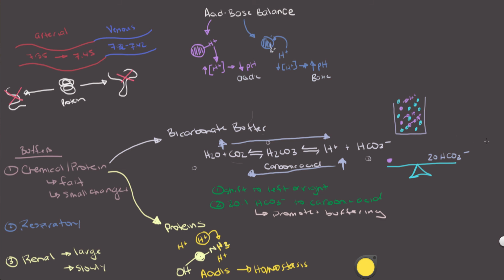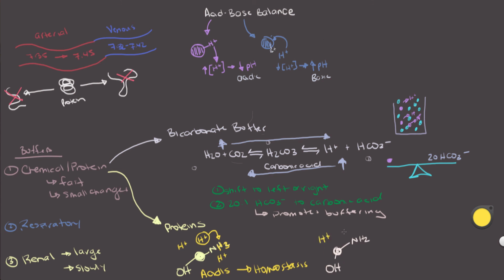Now the alternative can happen when we're looking at the carboxyl group of our protein. We can use that carboxyl group to donate a hydrogen ion. So we have NH2, we have our OH, and what can happen is we can have that hydrogen ion dissociate from the protein and make its way into solution.